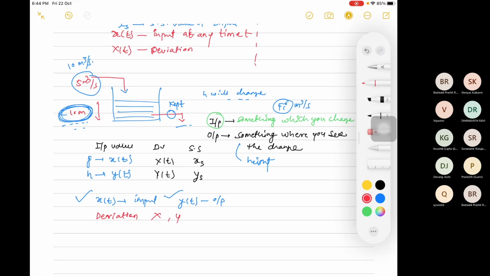Okay, that is stored at some steady state value. So I'm not going to see dynamics until I'm disturbing the system, and that's why I'll subtract everything before disturbance to the system, and that will be stored at steady state value, and new variable is deviation variable. Okay, new variable is deviation variable.